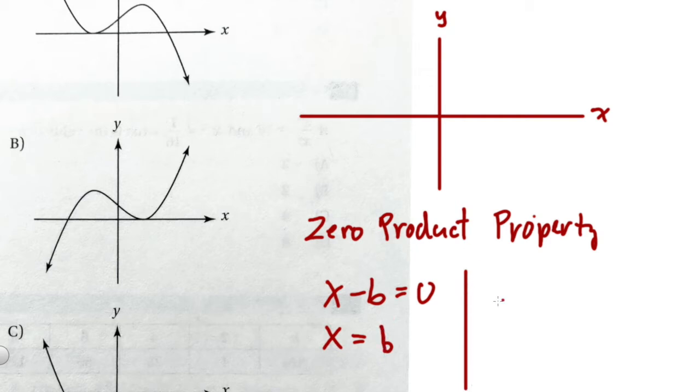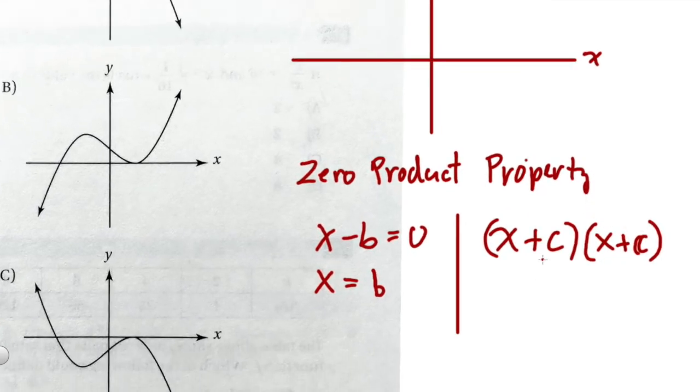Another zero will come from x plus c squared, which is actually x plus c times x plus c. Here we can equate both of these to 0, and so we have x is equal to negative c.